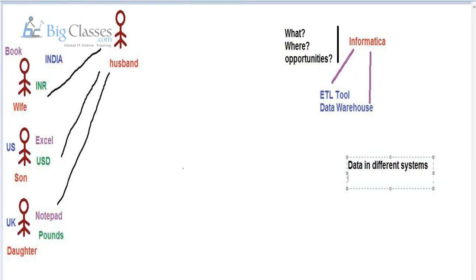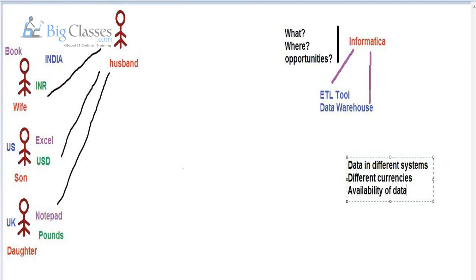Second problem is different currencies. That means part of the data is there in Indian rupees, part of the data is there in US dollars, and part of the data is there in pounds. At the same time, availability of data. As the family members are staying in different geographical locations, it is not easy to get data from all the family members at a time.